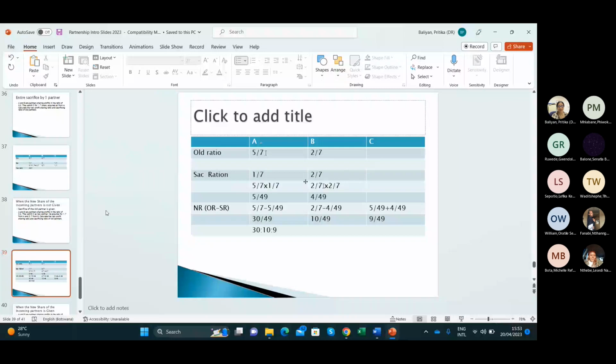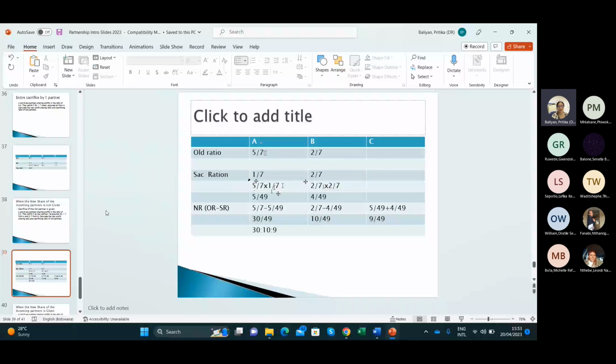After giving the 1/7 portion of the 5/7, you multiply 5/7 by 1/7, because he gave 1/7 of the 5/7. So how much is it?